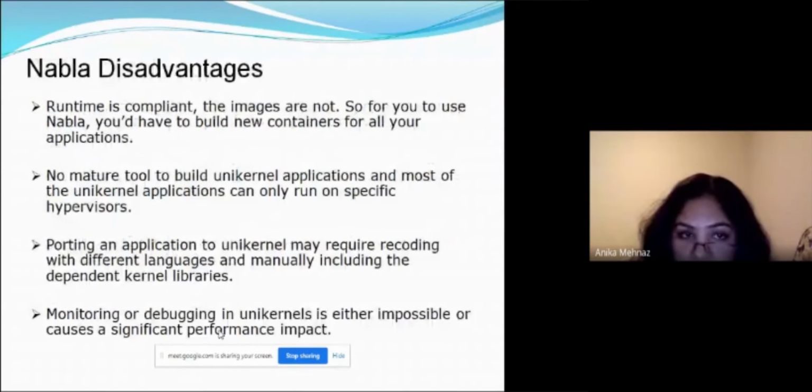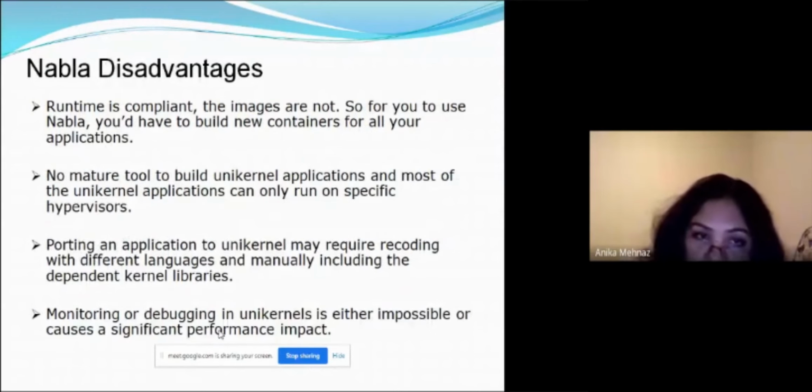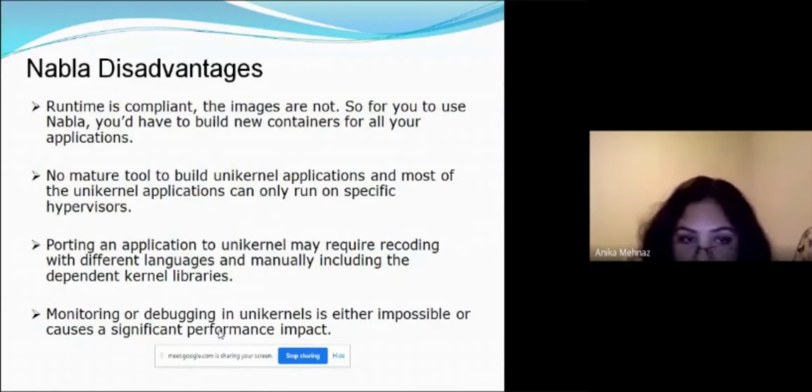So Nabla disadvantages. Even though the runtime is compliant, the images are not. So for you to use Nabla, you would have to build new containers for all your applications. There's still no mature tool to build unikernel applications.